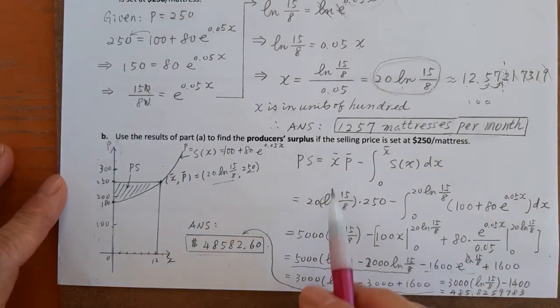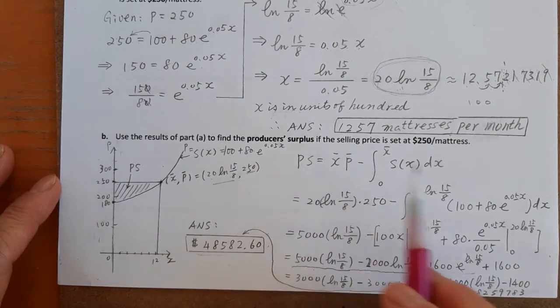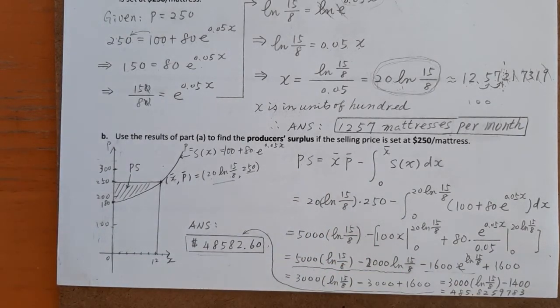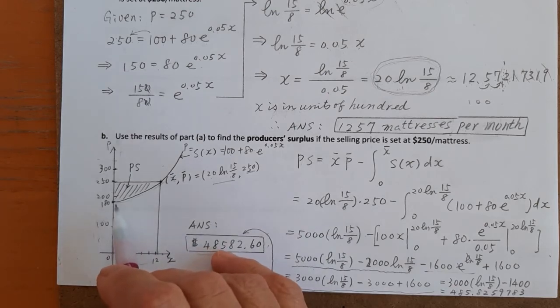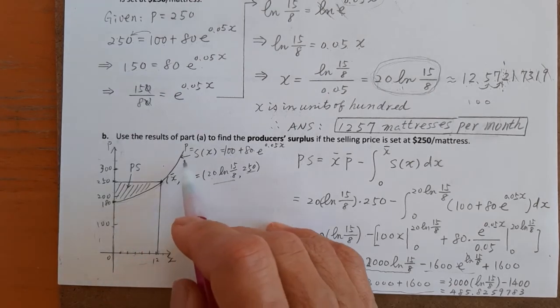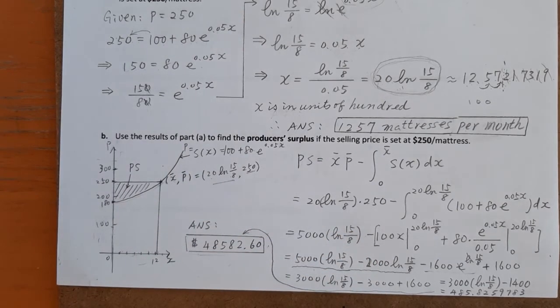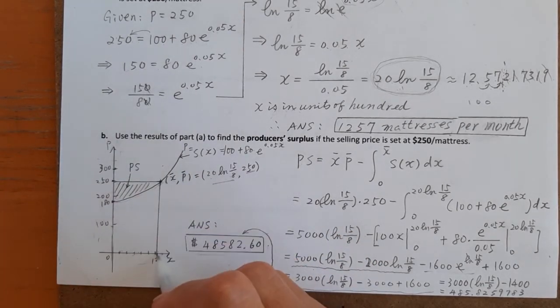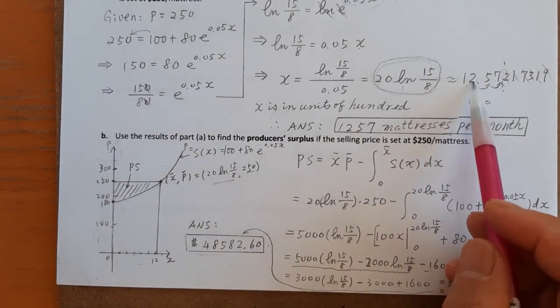Then figure out the producer surplus. The producer surplus is, when the units are lower, the price is lower, and when the selling units go higher, the price goes higher.